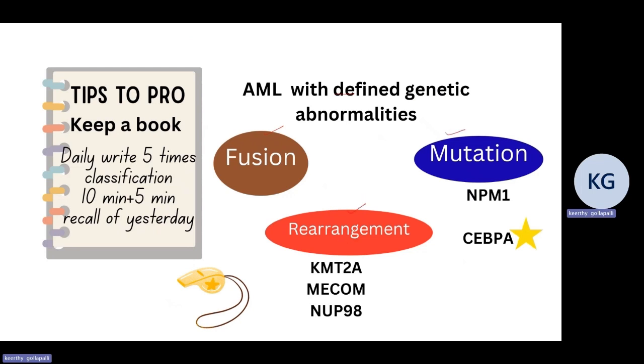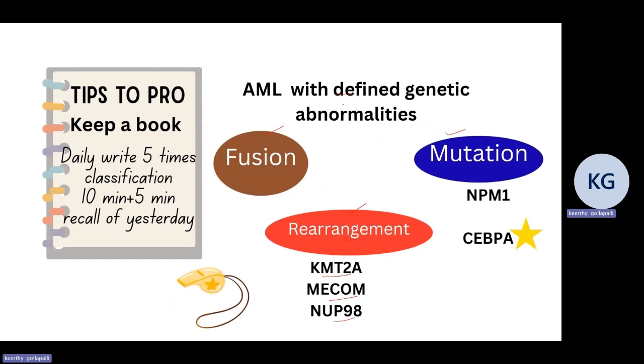In rearrangement, just remember three things: KMT2A, MECOM, NUP98. So acute myeloid leukemia with KMT2A rearrangement, with MECOM rearrangement, with NUP98 rearrangement. Like that, you remember mutations: acute myeloid leukemia with NPM1 mutation, acute myeloid leukemia with CEBPA mutations.